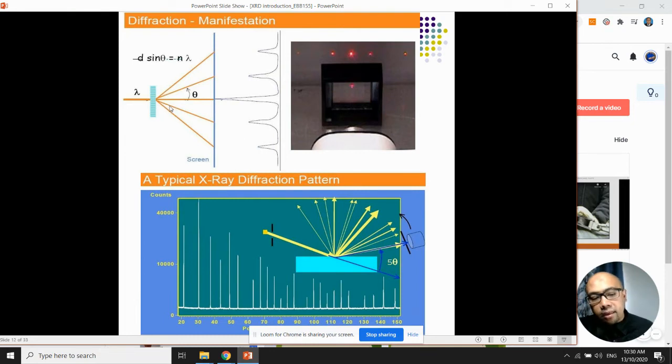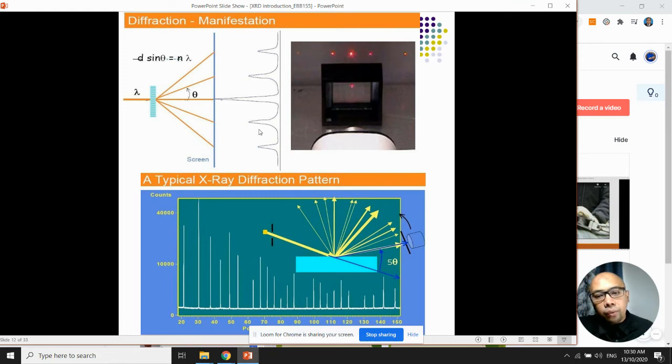The layers of planes stack on each other, and when the light passes through the gaps, they produce a scattered intensity pattern. When we shoot the light here, it can be diffracted here.